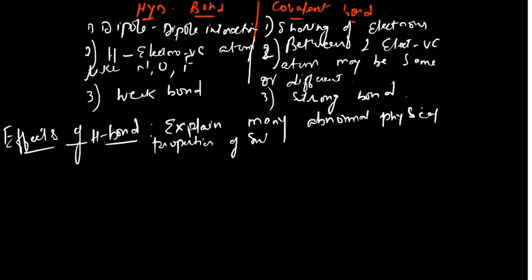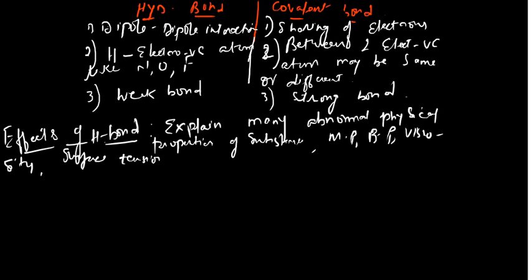And what are these abnormal physical properties? It's melting point, boiling point, viscosity, surface tension, etc.